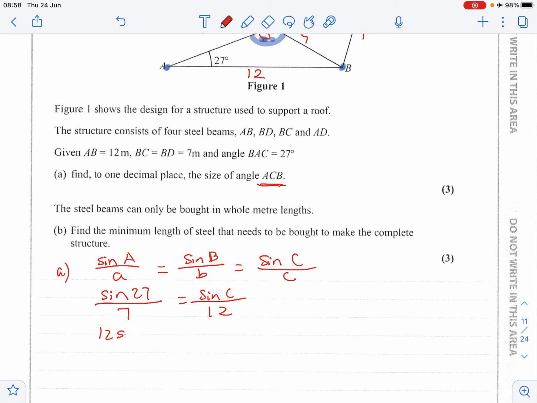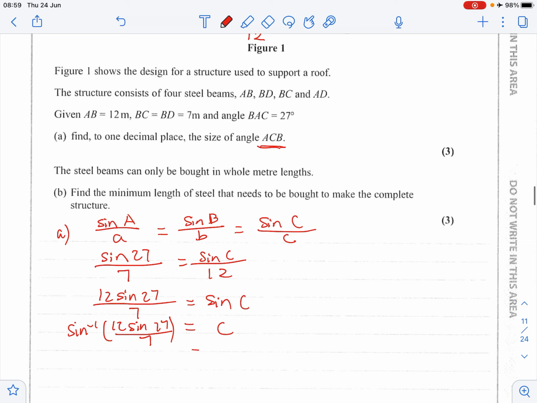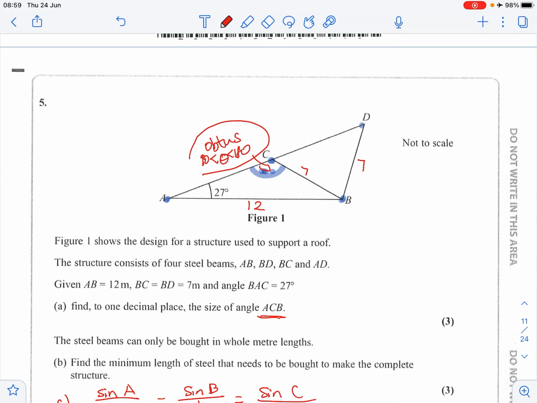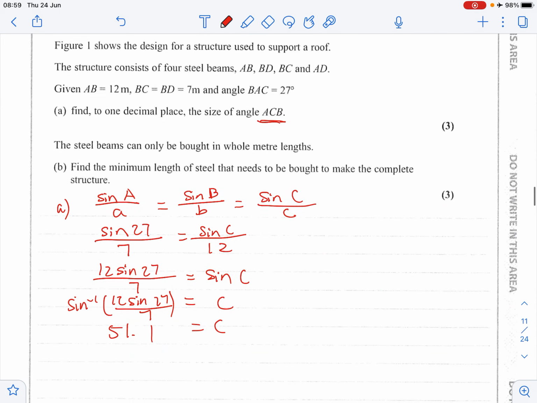Then rearranging our equation, we get 12 sine 27 over 7 equals sine C, and C must equal sine minus 1. Then type this into our calculator. We get the angle is equal to 51.1.